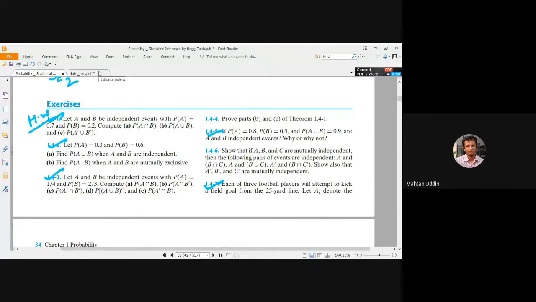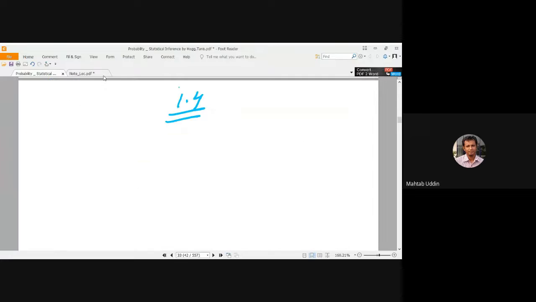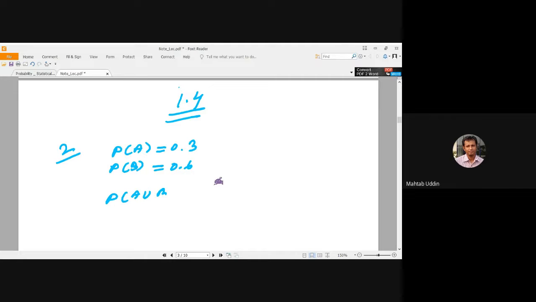Number 2: P of A is 0.3 and P of B is 0.6. Then we have to find P of A union B. Usually this is P of A plus P of B minus P of A intersection B, right?